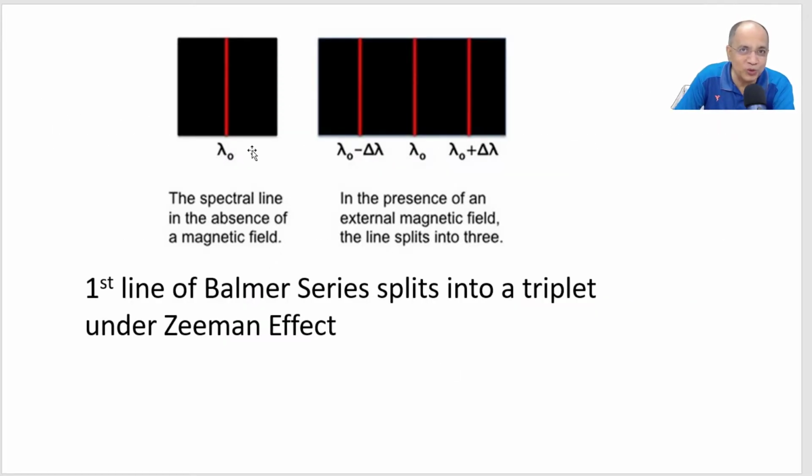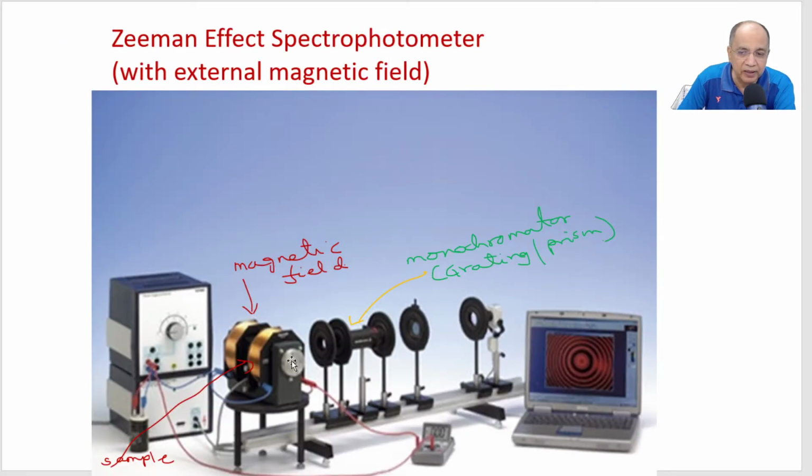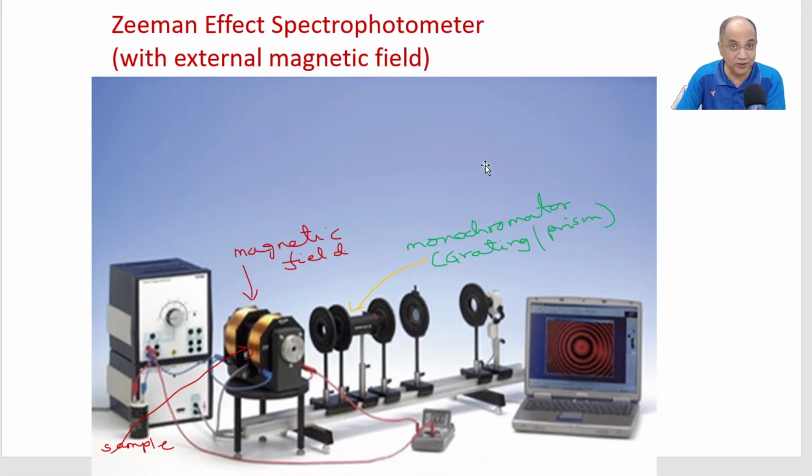Now, I showed you just in the beginning that one line, that is the orange line in the Balmer series, without any external field, you are getting one line, and these are circular lines, forget about it, right? So those are interference patterns, interferograms, so we forget about those details in our optics program.